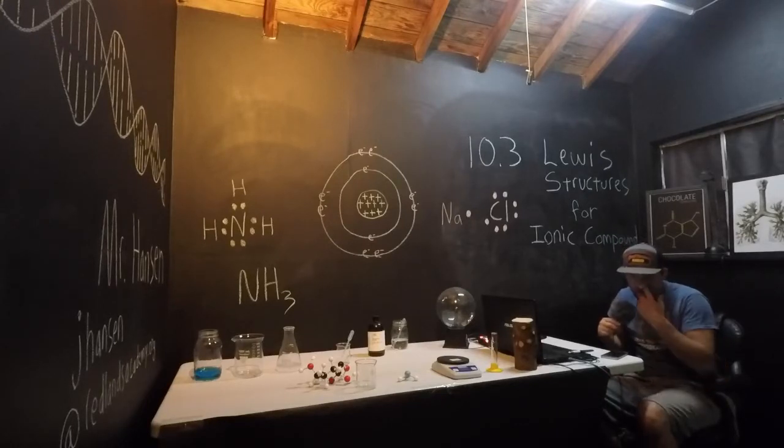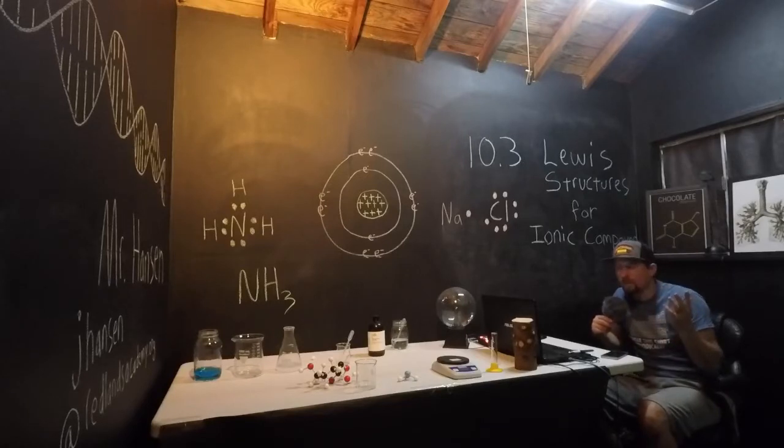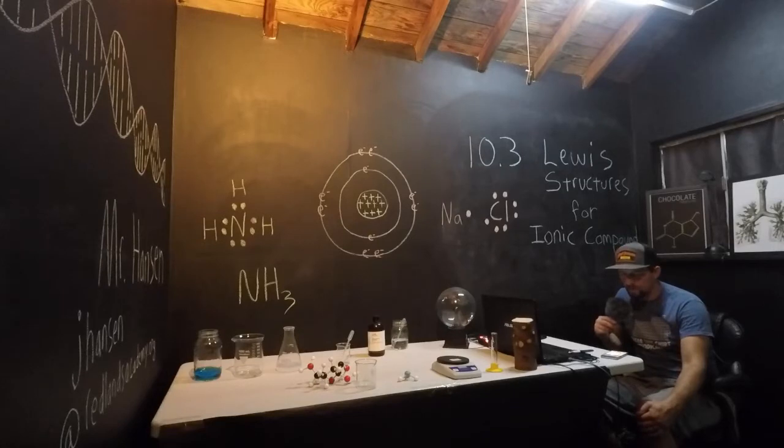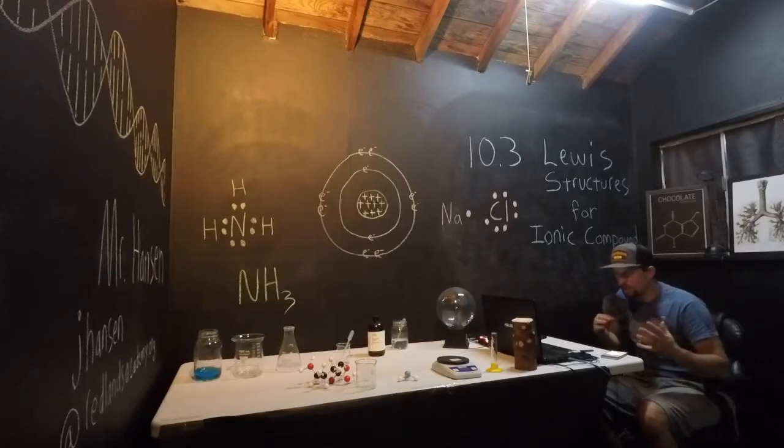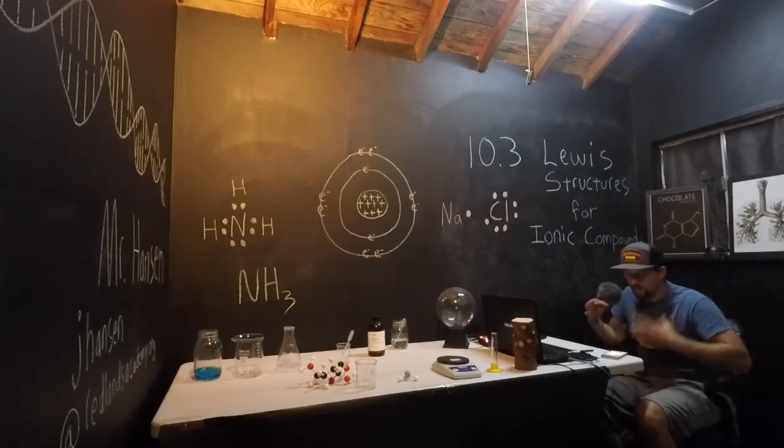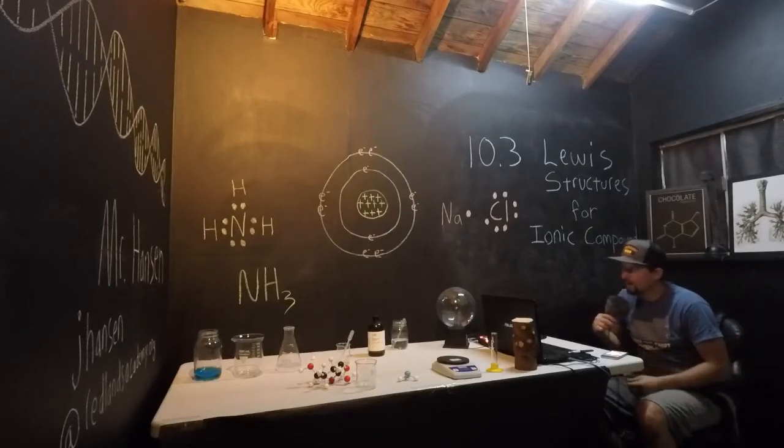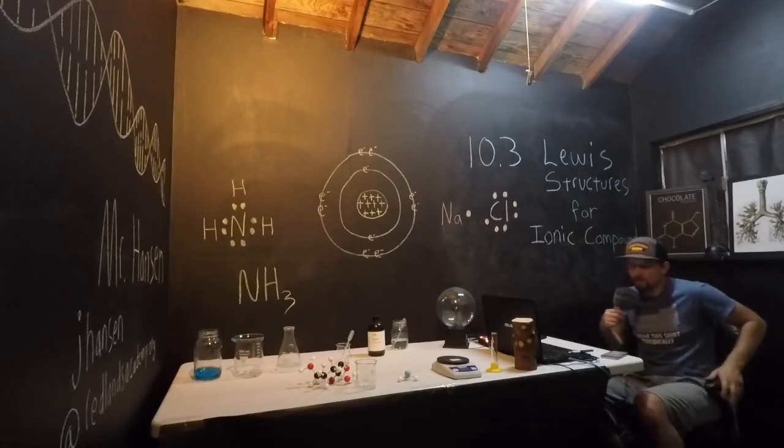And so actually oftentimes you don't really see Lewis structures for ionic compounds in the real world. You typically only see them for covalent compounds where elements are sharing electrons, and you want to see who's sharing with who, because the compounds are quite large and complex. But ionic compounds, you just have a cation and an anion, and so in every case they always look the same.